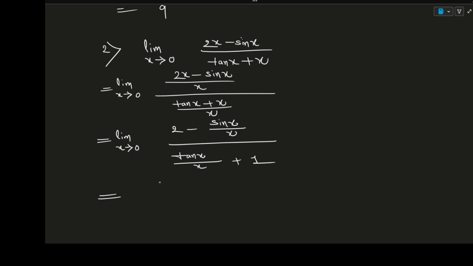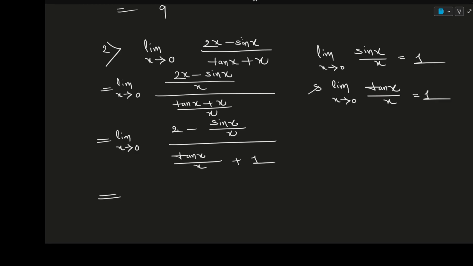So here I can see that clearly I can apply the standard limit formula, trigonometric formula, that is limit x tends to 0 sin x by x is equal to 1 and limit x tends to 0 tan x by x is also equal to 1.